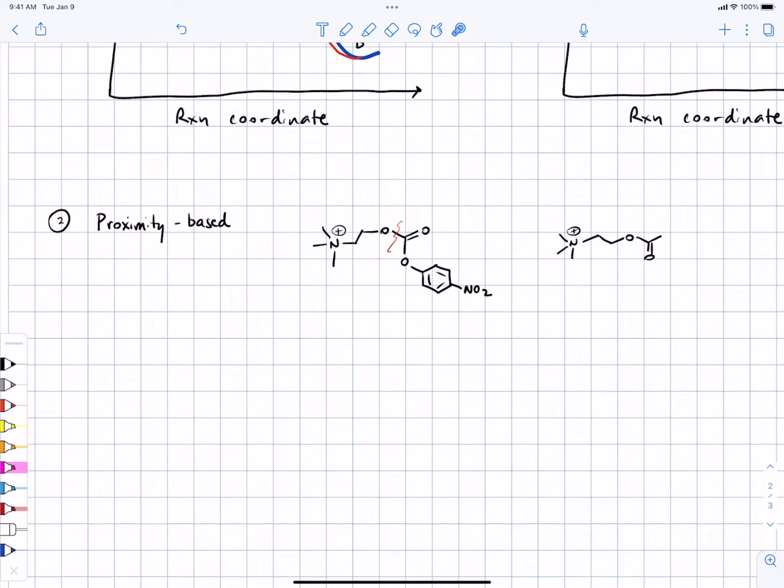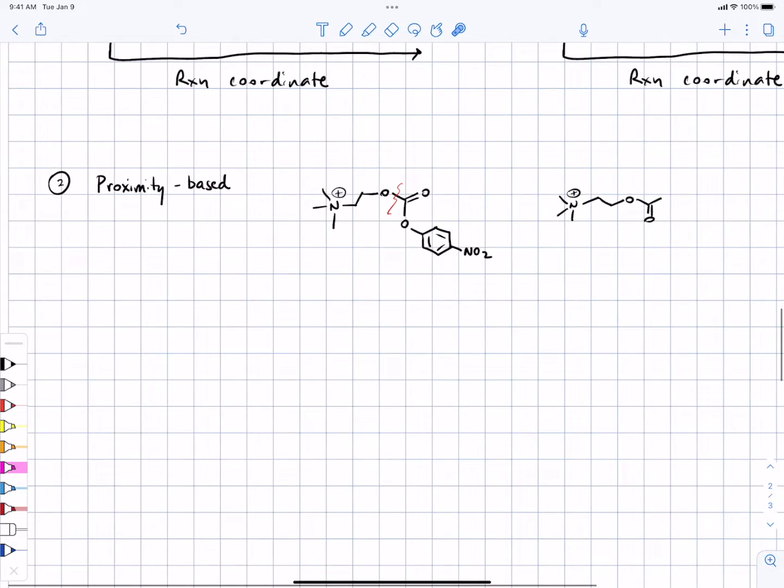So there are enzymes that are called acetylcholine esterases. Acetylcholine is a neurotransmitter, and so you don't want that to persist too long and so you have this enzyme that degrades it rapidly. And the idea was, can we develop synthetic acetylcholine esterase?